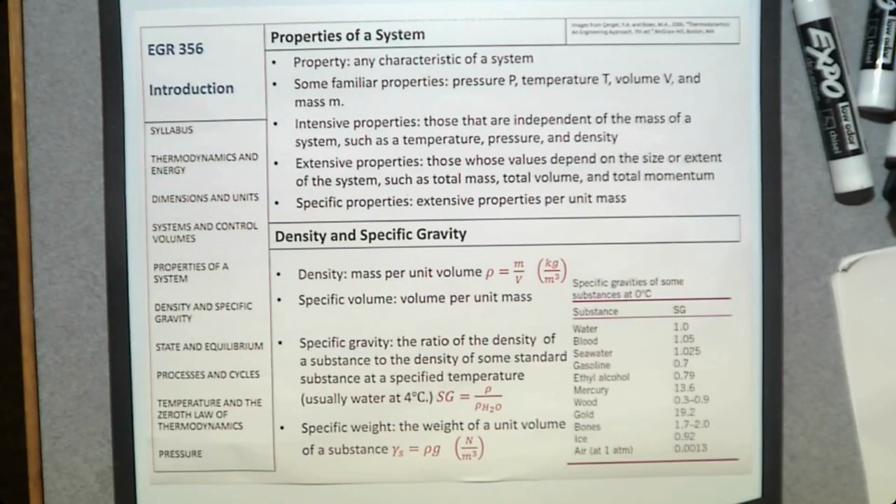If you divide total volume by mass, then it becomes specific volume. If you divide any extensive property by mass, it becomes a specific property. So if you hear specific in front of a property, then you can assume that it's going to be that property divided by mass, so per unit mass. Then in an equation, when we solve any equation in thermodynamics, we are going to use either intensive property or specific property.